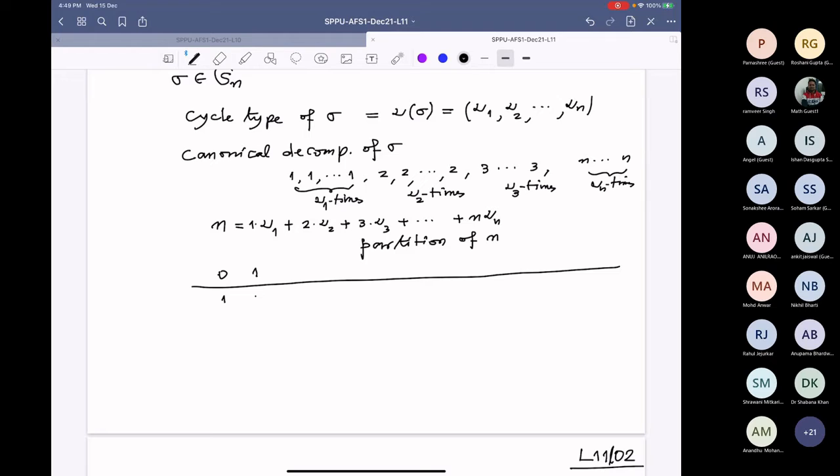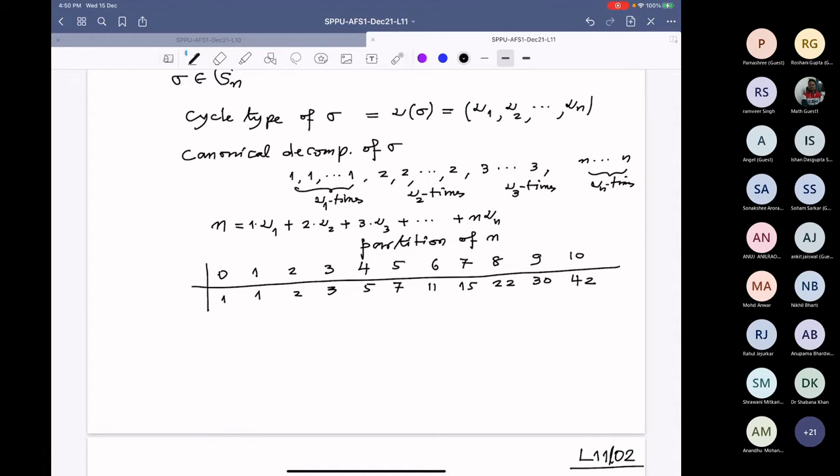0, 1, 1, 1, 2, 2, 3, 3, 4, 5, 5, 7, 6, 11, 7, 15, 8, 22, 9, 30, 10, 42.